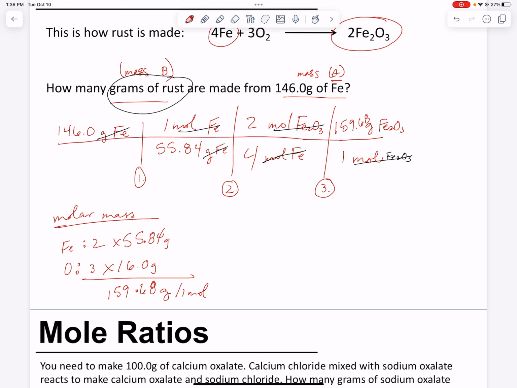Divided by 4 times 159.68. And I got, if I did all this right, hopefully you get the same number as me, 208.75 grams of rust.